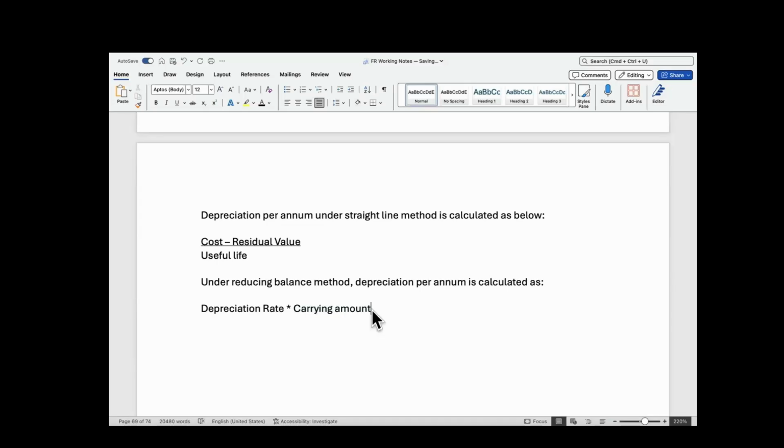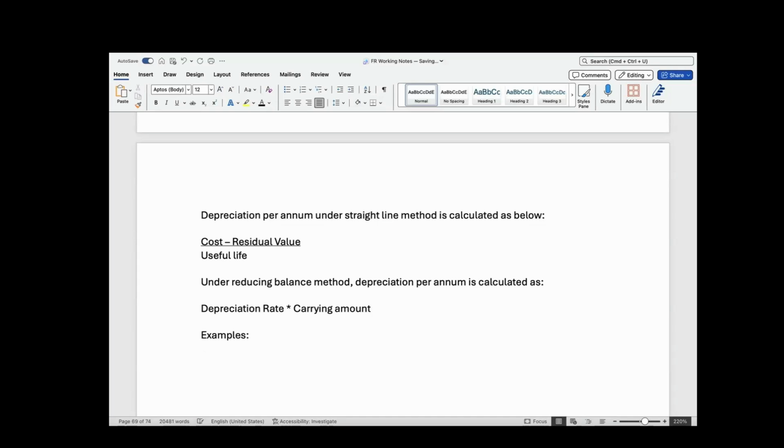So the carrying amount reduces every year, with the amount of depreciation allocated every year. So applying a rate on a reduced value will give you, of course, a depreciation amount that is reduced every year. So this is typically how depreciation is computed, and it's not difficult at all.